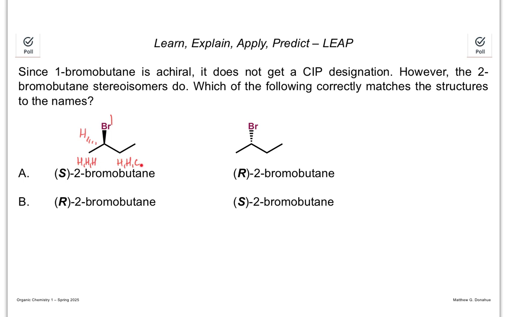This one has 2 and a carbon, so that one wins. That's priority group 2. So that has to be 3. And then we connect the steering wheel 1 to 2 to 3. That's clockwise, so it has to be R.